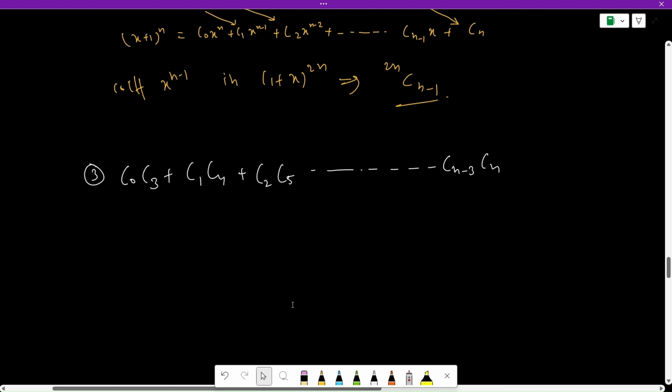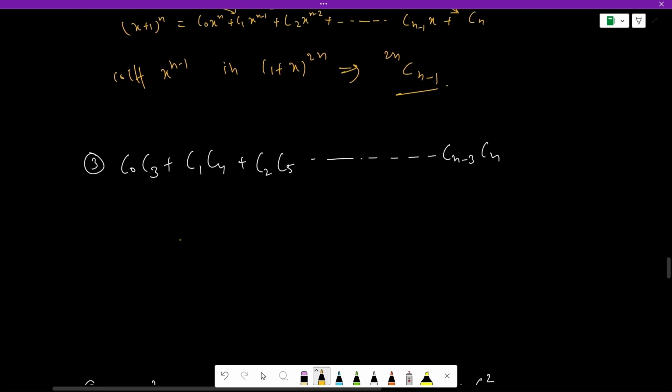Now this is the third question, and this is also exactly the same, you can solve it. But now let me tell you another way to solve it using permutation and combinations. So let me write it in a different form.